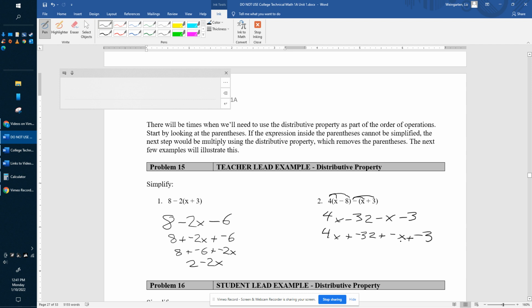Then I am going to move the -x over by the 4x using the commutative property. And we're going to get 3x and simplify the other to a -35. So 3x minus 35 is our final answer.